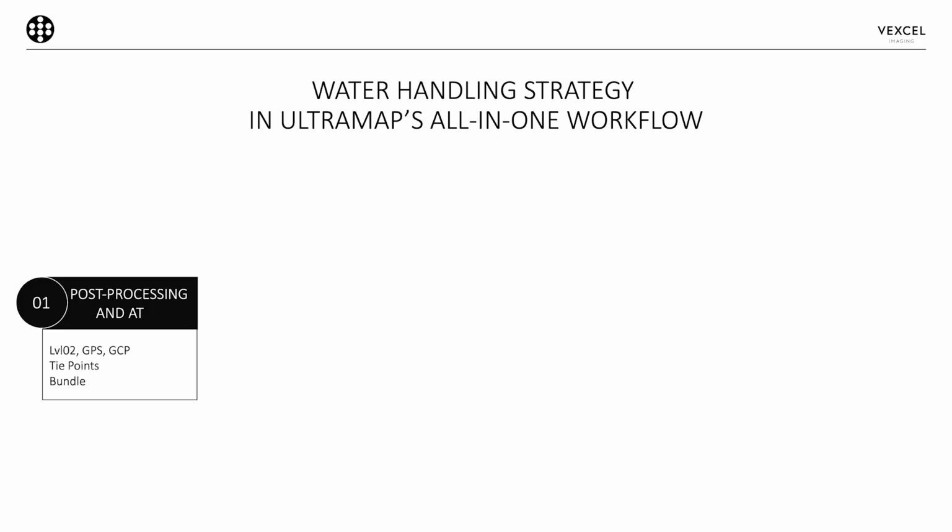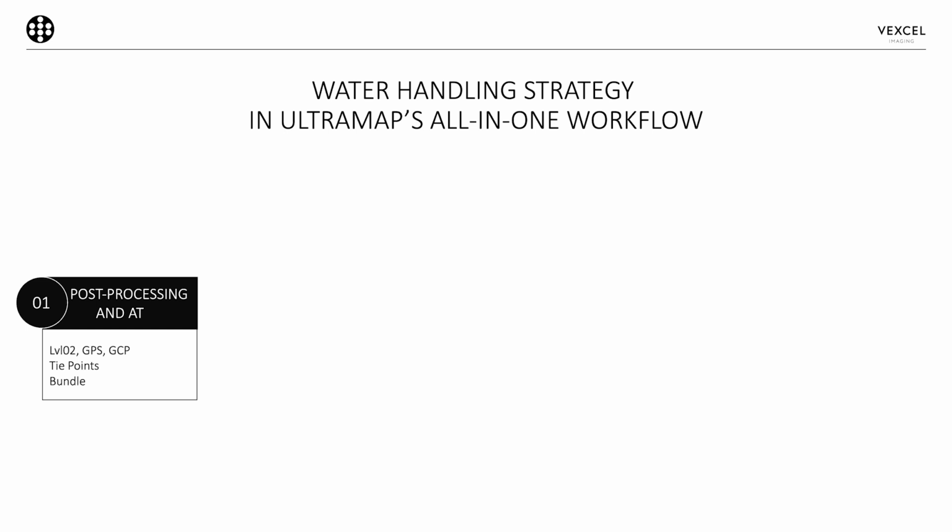So let's have a look at this workflow in detail. The first few steps of UltraMap version 6 have not changed compared to version 5. First, the processing of the raw data, the level 0 data to level 2, is done in an automated way with RDC, now using the new TPP.